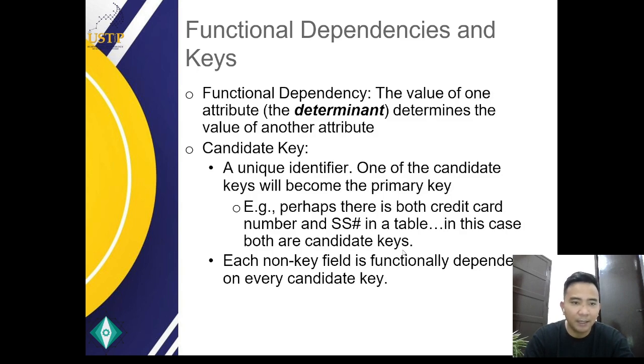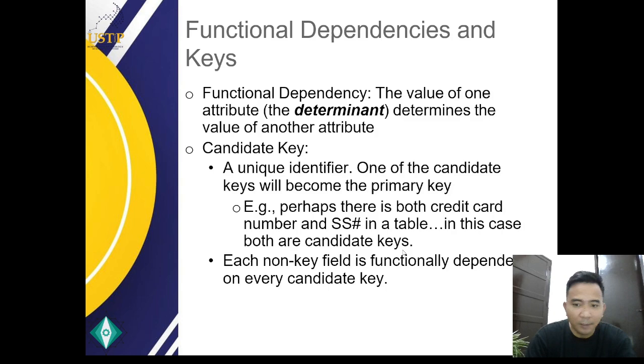While a candidate key is a unique identifier for a row in a relation. It is a set of attributes that uniquely identifies each row and satisfies the following conditions. Uniqueness: no two rows can have the same values for all attributes in the candidate key.